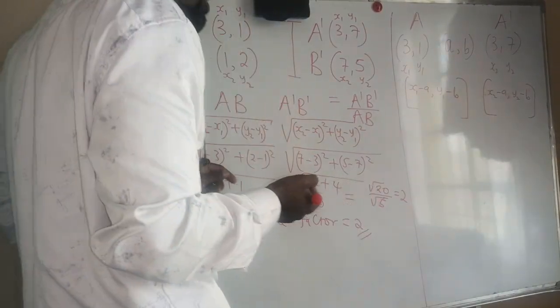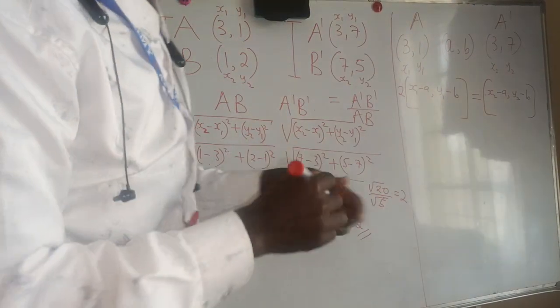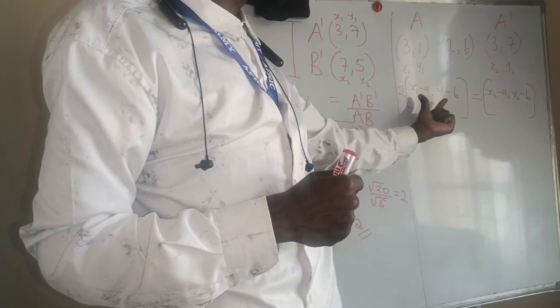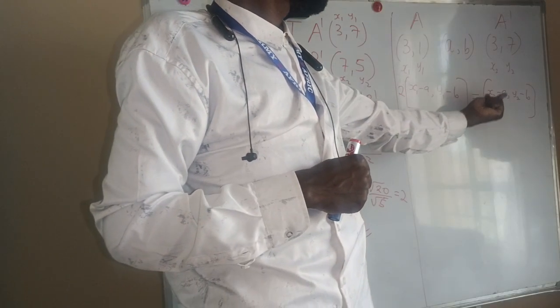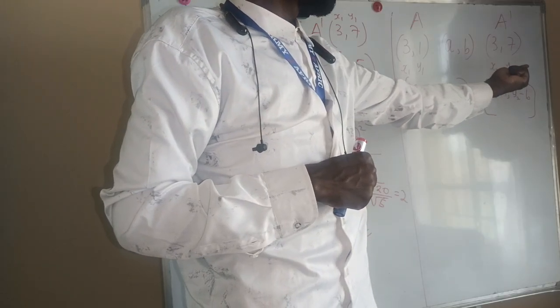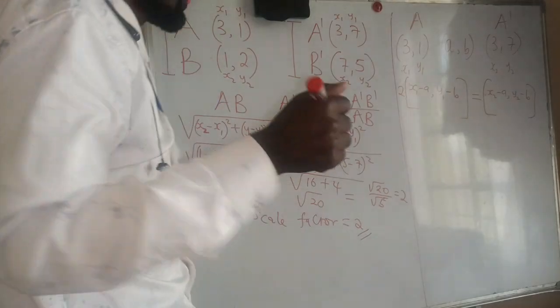So then if I plug in those values, you can get a clear picture of what I'm trying to do. If these have to be equal to each other, then there must be a scale factor. So the difference between the object points and the center of enlargement times 2 should be equal to the difference between the points of the image less the center of enlargement.